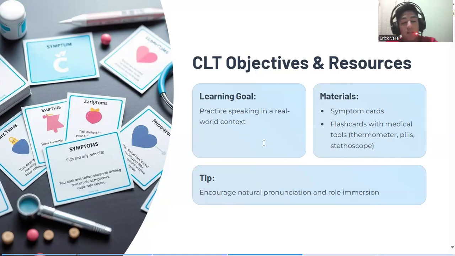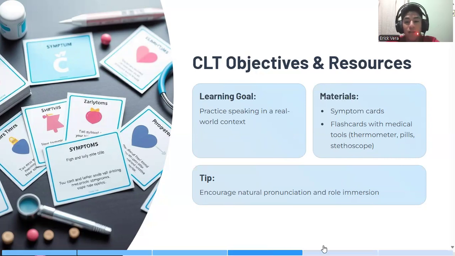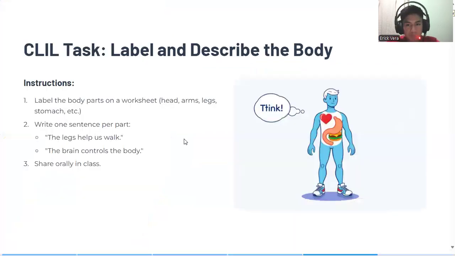That is the medical supplies for the implementation of the visual supports. And the tip is to encourage natural communication and role immersion. Very good. Now let's move to the second activity.